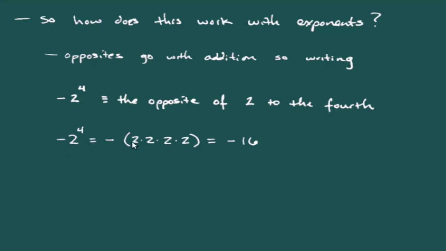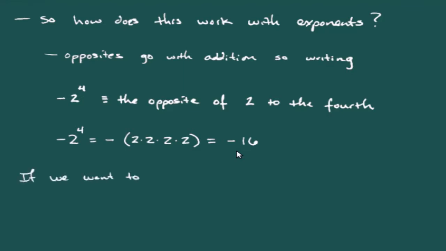So we would do 2 times 2 times 2 times 2. Our base is 2 raised to the 4th power. We multiply 4 times, and then we take the opposite of that because multiplication is going to be done before addition and subtraction in our order of operations. And so -2 to the 4th power is going to give us a -16.